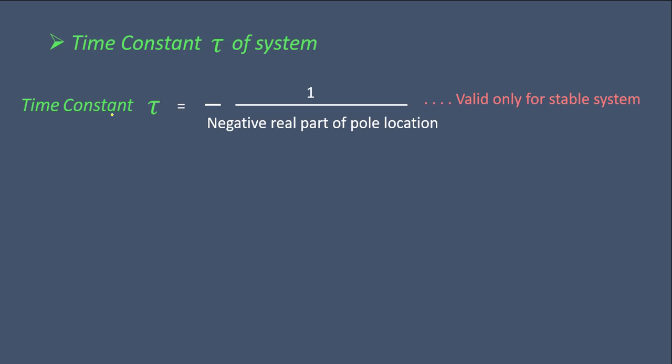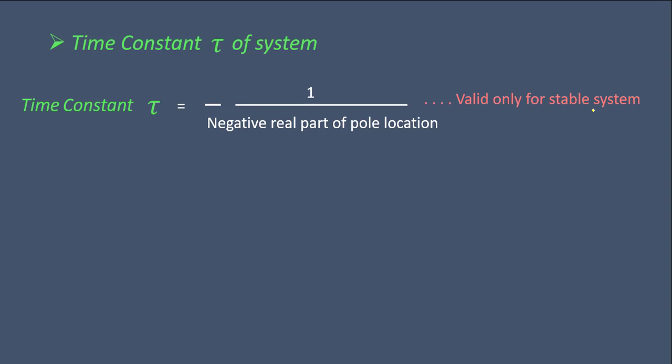First, the time constant tau is given by minus 1 upon negative real part of pole location. This is an important formula you can write in your notes. Now this formula is valid only for a stable system.